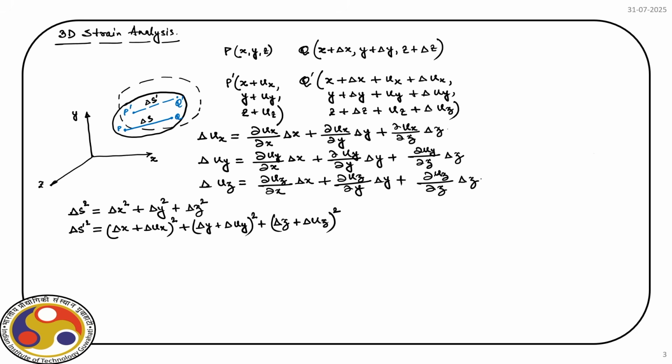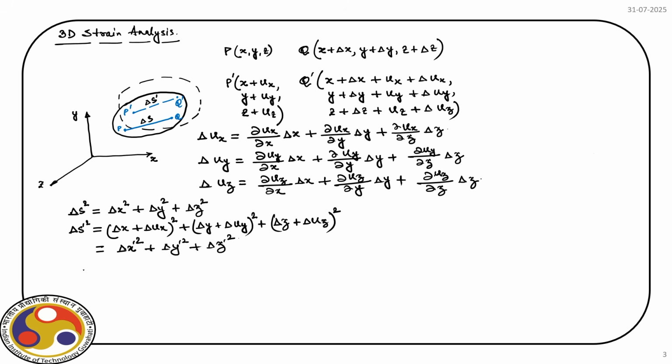So, this we can further simplify. So, this is delta x prime square plus delta y prime square plus delta z prime square.